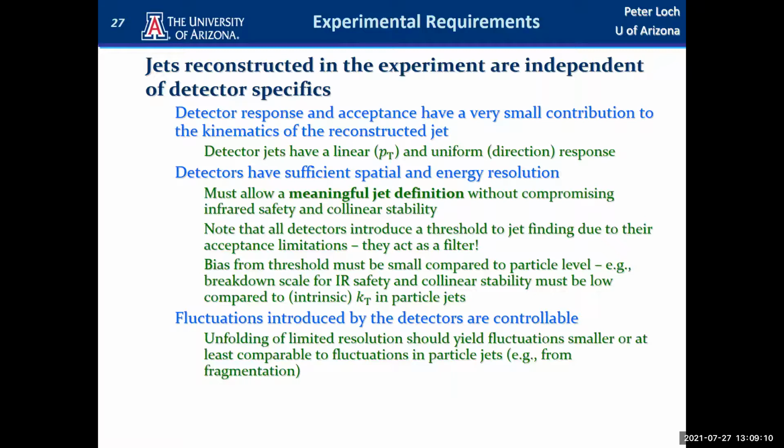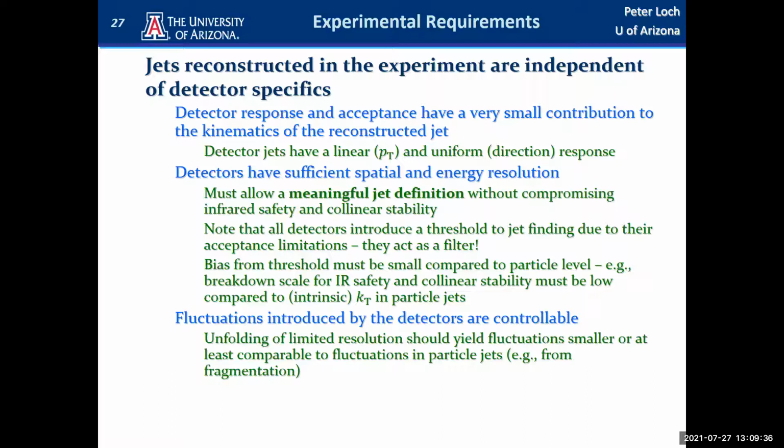All detectors introduce a threshold because all detectors have limitations. The calorimeter's biggest limitation is noise. You cannot reliably read signals when they're too small compared to the noise in the detector, which can come from the readout system that is usually well controlled.